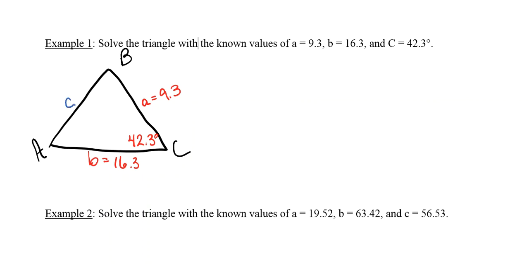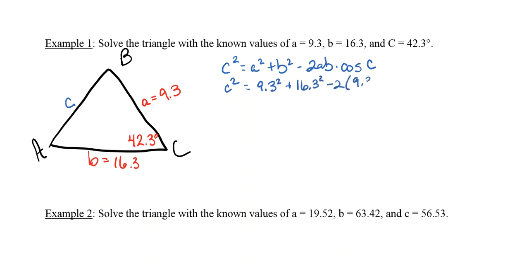I'm going to find side C first because it is opposite of the given angle. So I'm going to use the one that is C squared equals A squared plus B squared minus 2AB times the cosine of C. So little a is 9.3 squared plus 16.3 squared minus 2 times 9.3 times 16.3 times cosine of 42.3.